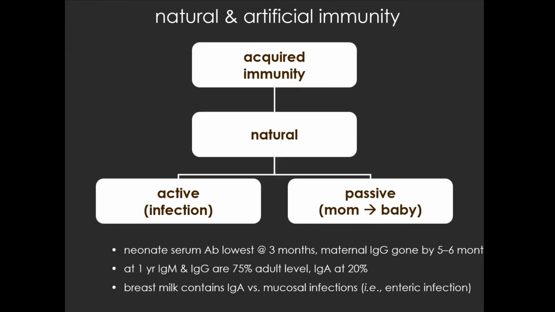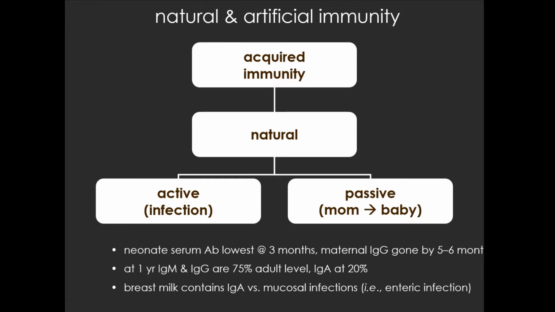So if you look at the bulleted points at the bottom, that placental transfer means that when the baby is born, they have a very, very high level of serum IgG antibody, and it's all because their mother passed that antibody to them. But because antibodies don't stick around forever, the serum, right, the blood serum level of antibody in the baby or neonate will start to decline, and it will hit its lowest level at about 3 months of age.